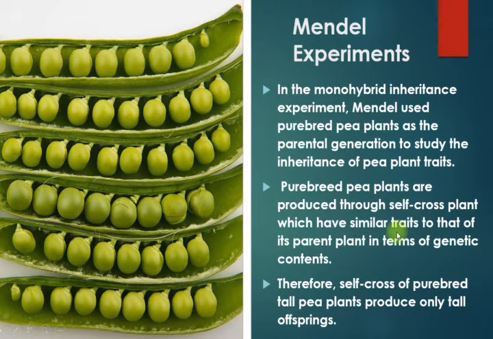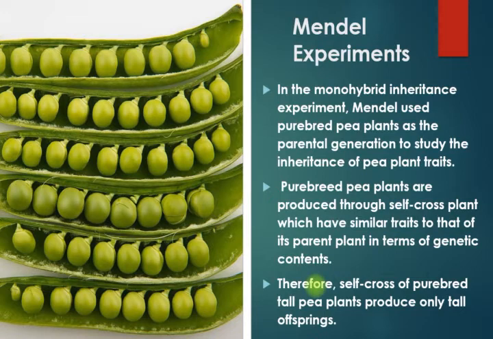This self-cross will produce purebred tall pea plants. If the purebred characteristic is tall, the offspring produced are also tall plants.